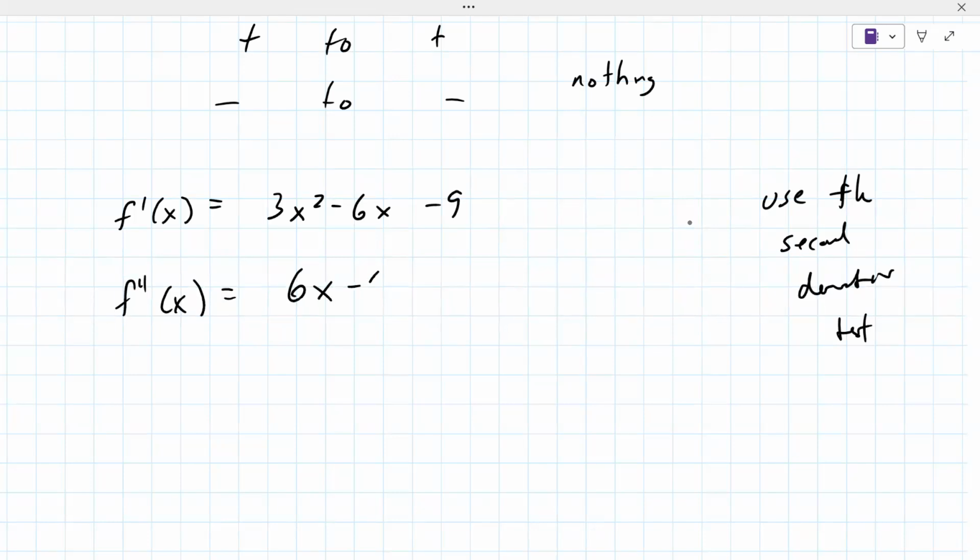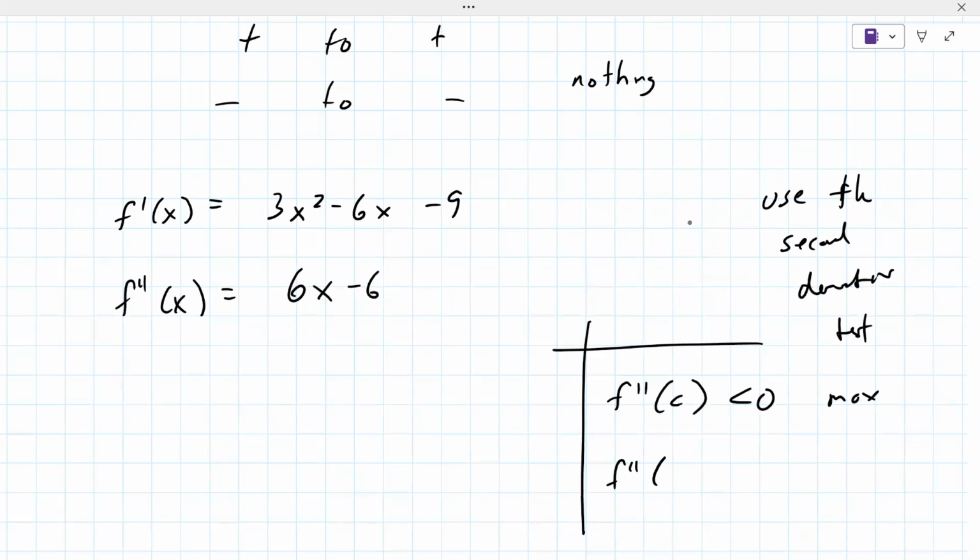Your second derivative is 6x minus 6. Now this is kind of off to the side. If f double prime of c, that's your critical point, is less than 0, that's a max. If f double prime of c is greater than 0, that's a min.